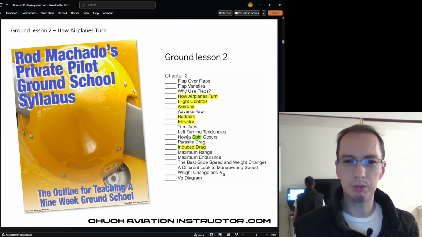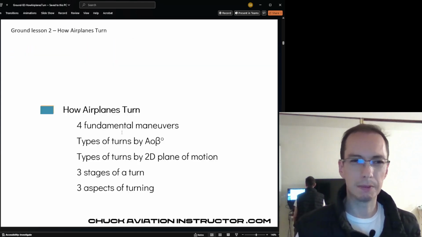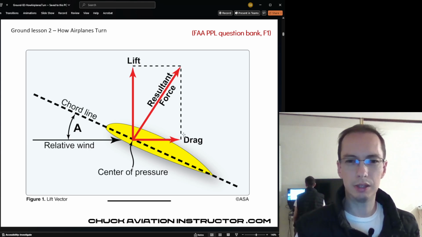We will talk about spins, and it's good to know what induced drag is as a byproduct of lift. So let's cover that real quickly. Induced drag is the backward component of lift. You see, lift is always going to be perpendicular to your wings, at a certain angle of attack, at which they bite the relative wind.